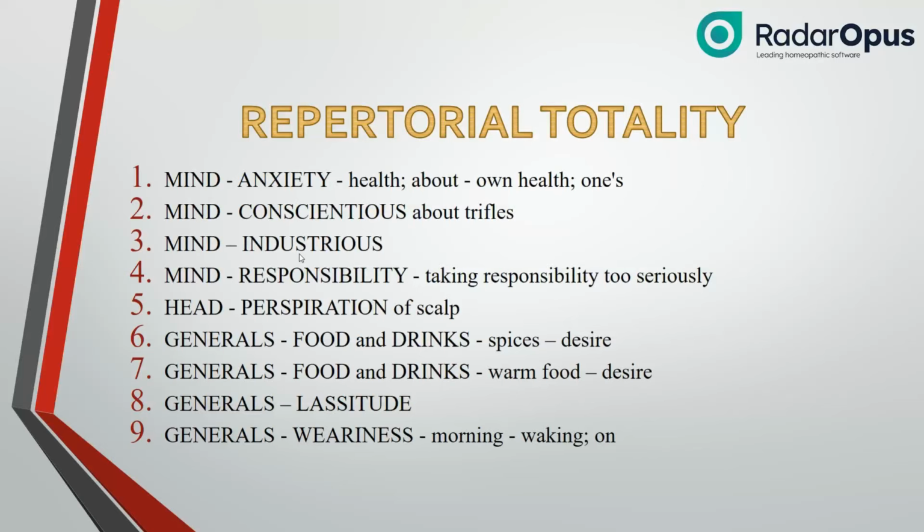So for the repertorization part, doctors, we will be moving to the software to see how to repertorize a case using RadarOpus software, and how I repertorized it with Radar and found my accurate remedy for this particular case. If you have any queries, meanwhile, you can type in the chat box.